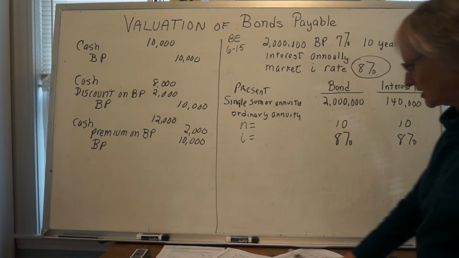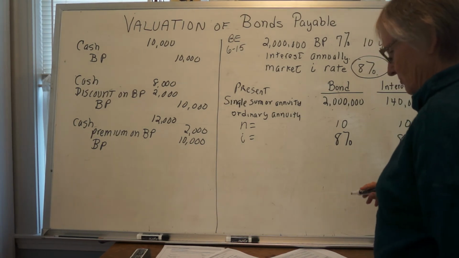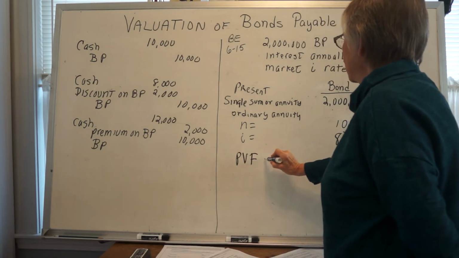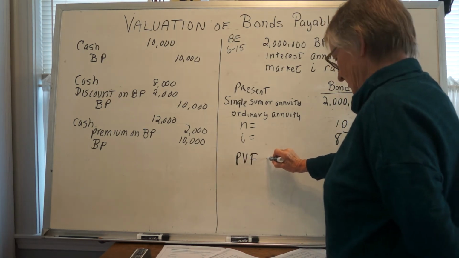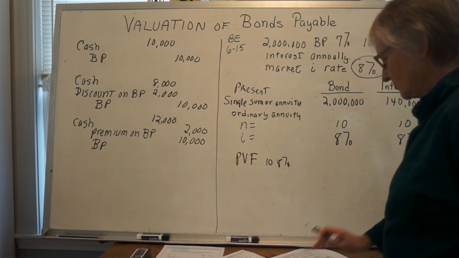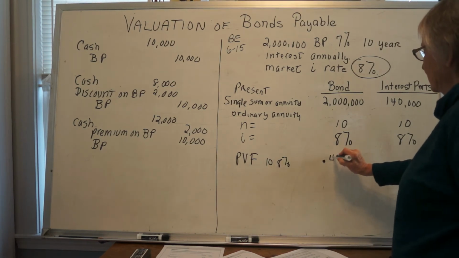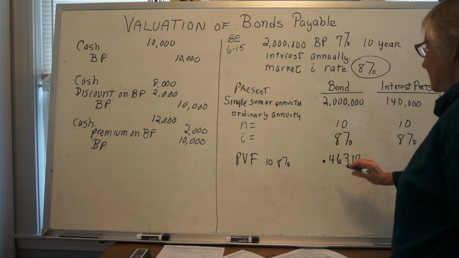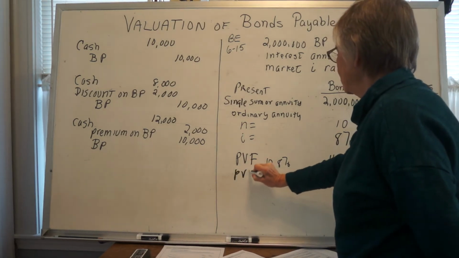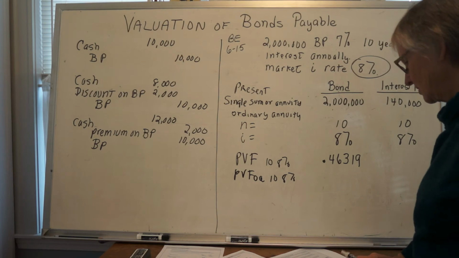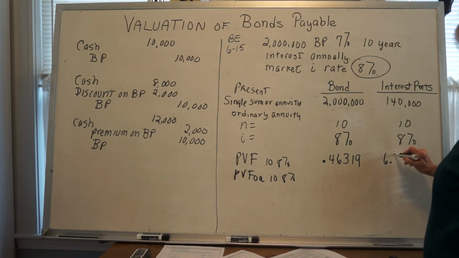So let's see how this comes out. If we take the bond itself, we're getting the present value factor of a single sum for n equals 10 and i equals 8%. That factor, I believe, comes out to 0.46319. We would go to the present value factor for an ordinary annuity of 8% for the interest payments, and that comes out to 6.71008.